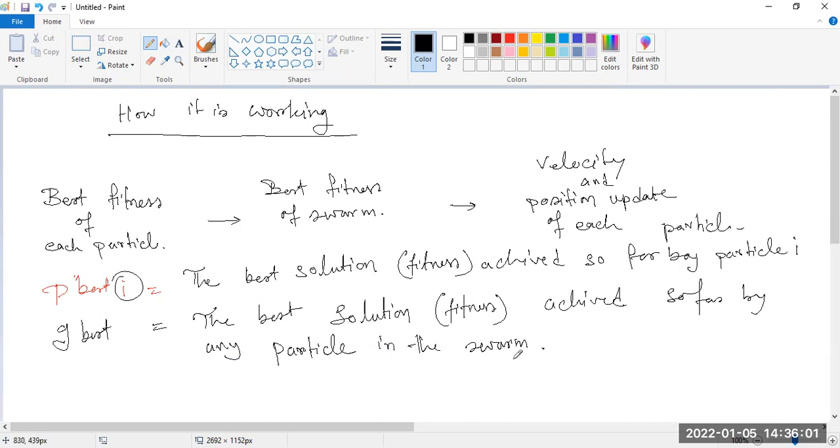In this way we can define these two best solutions: pbest and gbest.